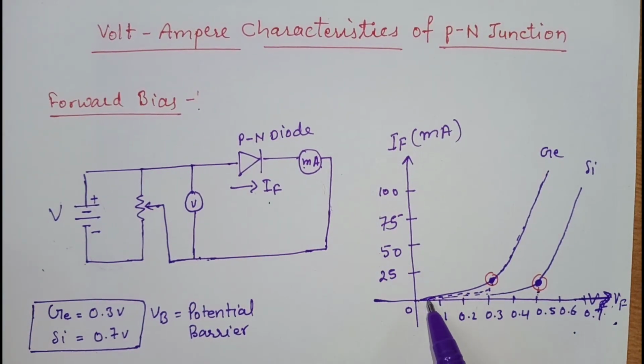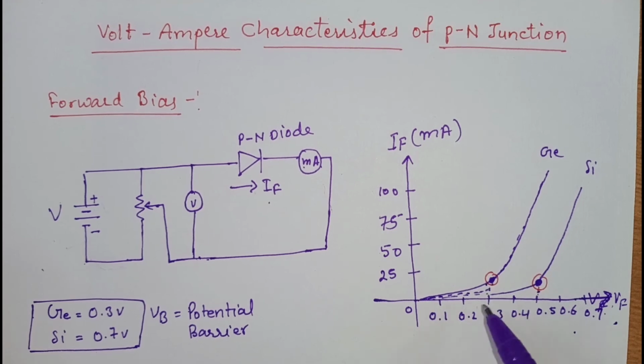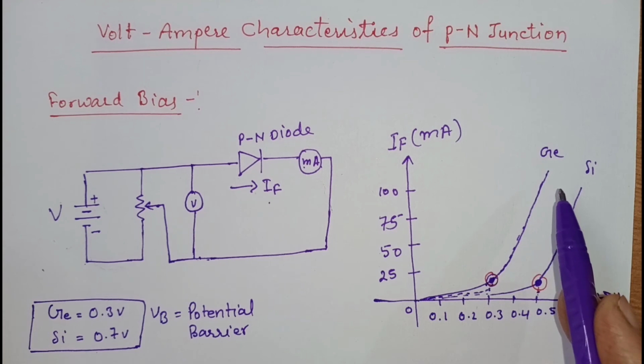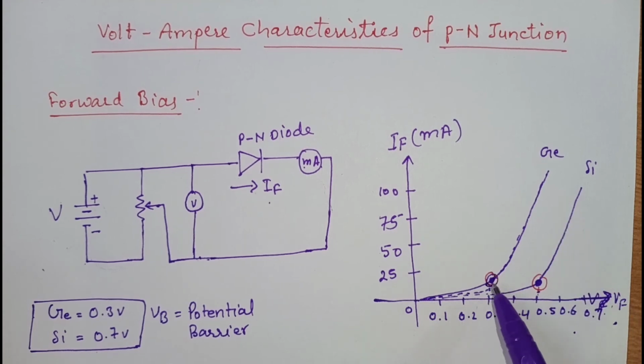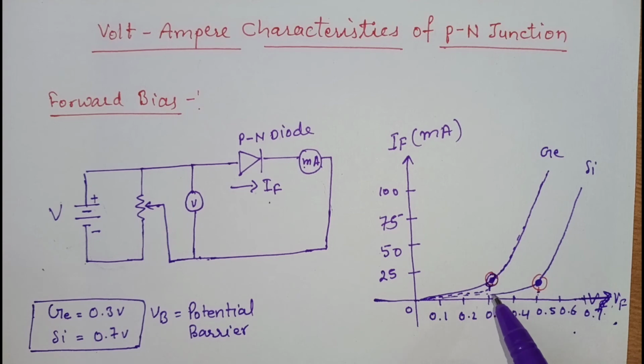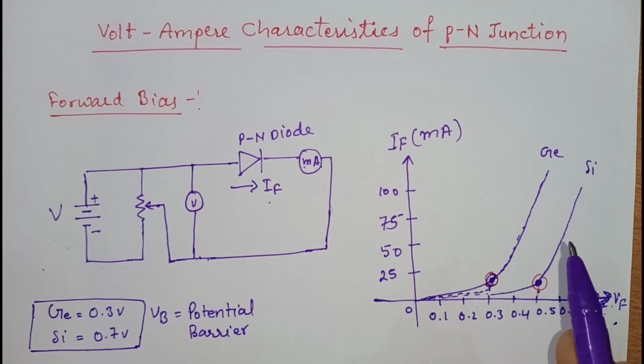Initially the current is very small, negligible, but after this point the current increases rapidly. The point at which the current increases rapidly is known as threshold voltage, cut-in voltage or knee voltage. It means the applied voltage at which the current increases rapidly is known as cut-in voltage, threshold voltage or knee voltage.